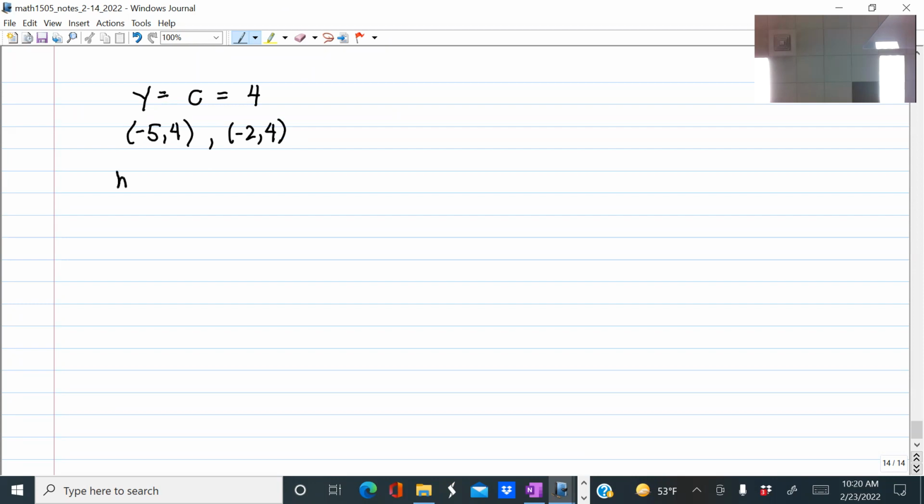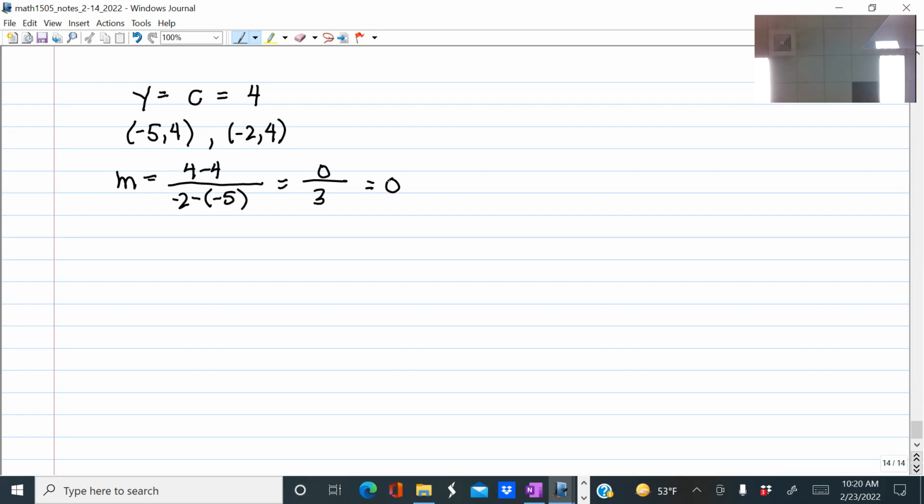When you calculate the slope, you get 4 minus 4, the difference in the y coordinates, divided by the difference in the x coordinates, minus 2 minus minus 5. So in the denominator, you get minus 2 plus 5, which turns out to be 3, but the 3 is kind of meaningless because the numerator is 0, so all this reduces to 0. So you get a slope of 0.